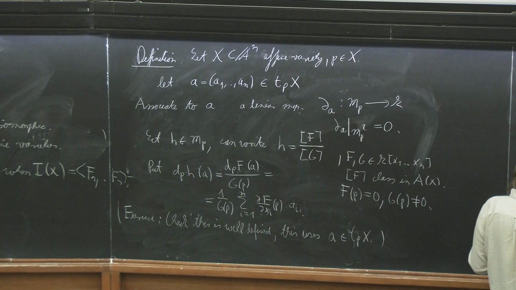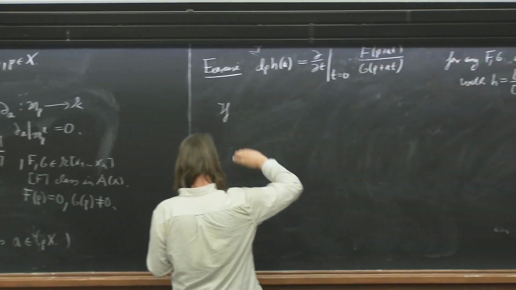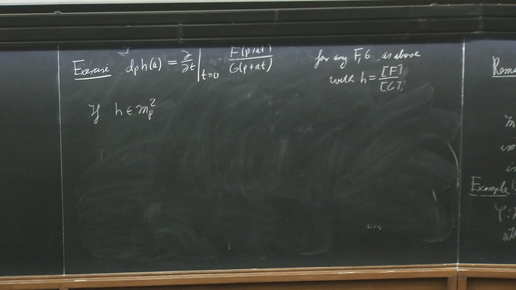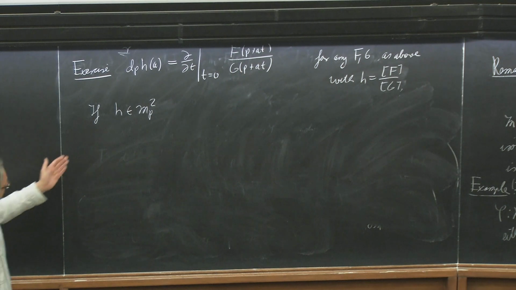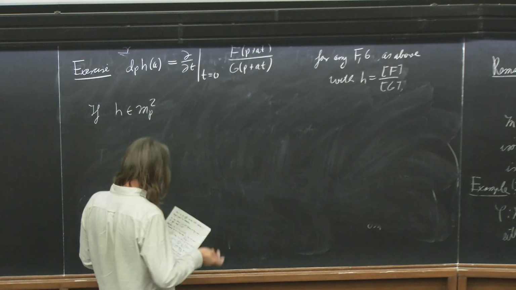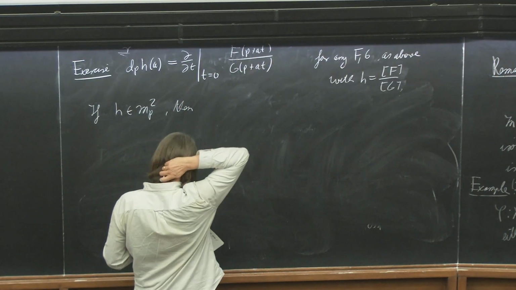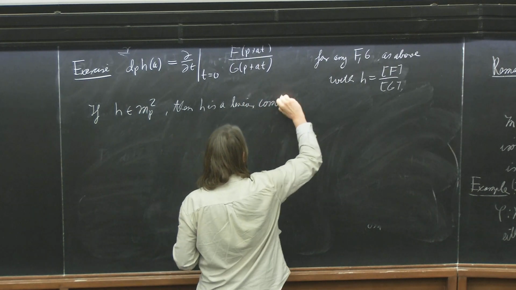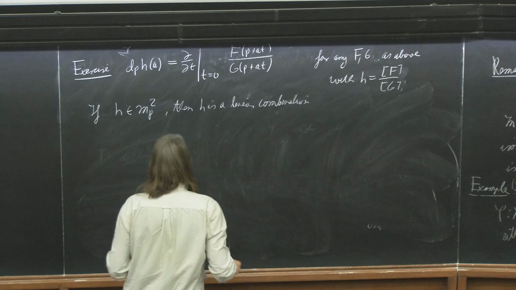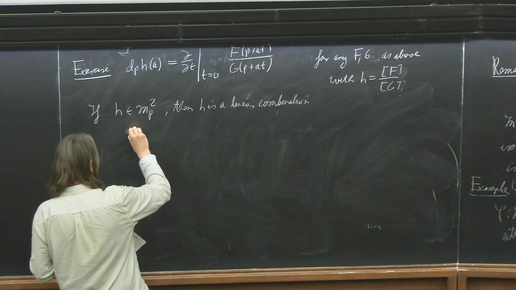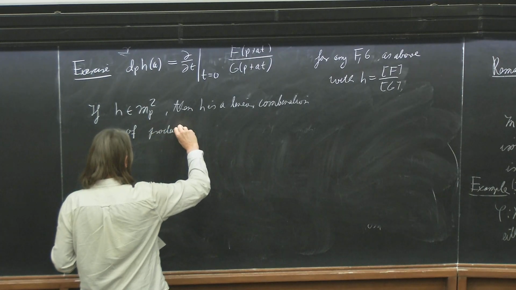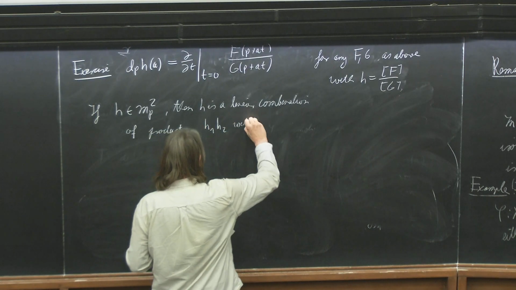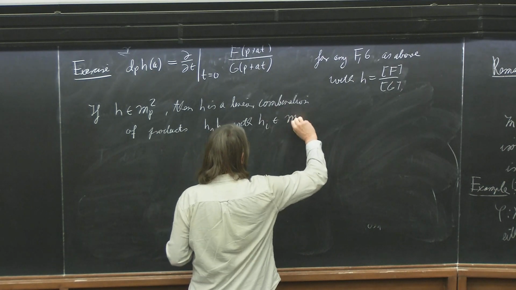Now if H is in the maximal ideal squared, so it is a linear combination, with coefficients in the local ring, of products of at least two elements in MP, say H1 H2 with Hi in MP.